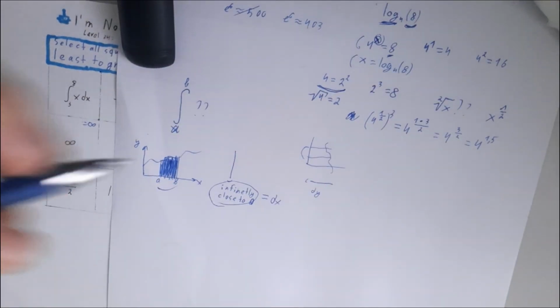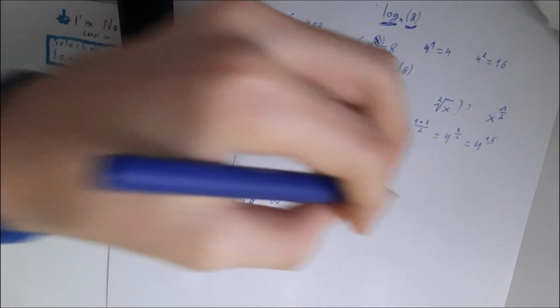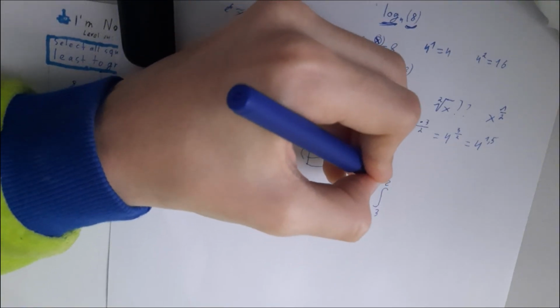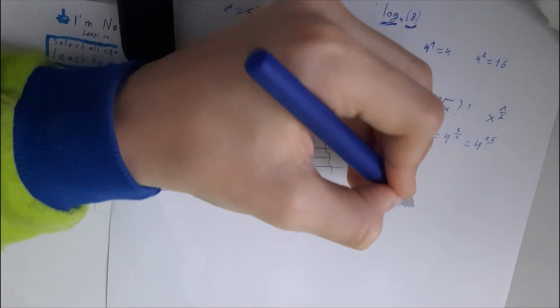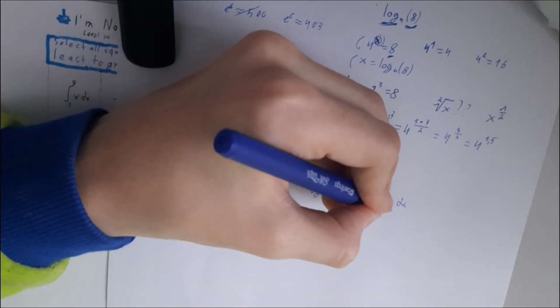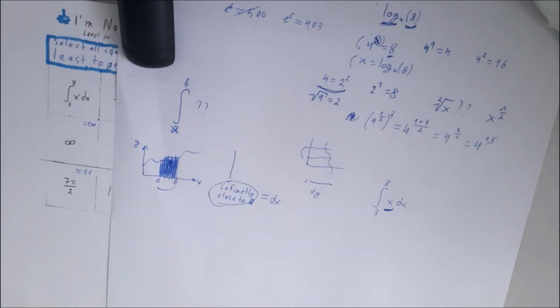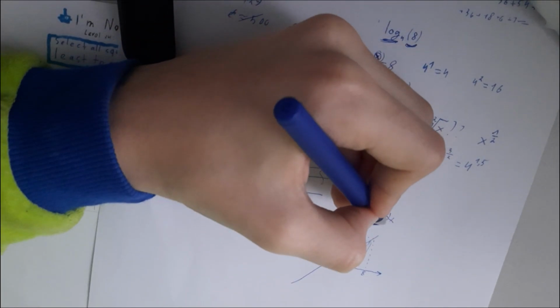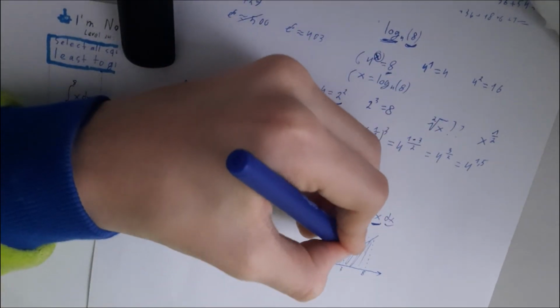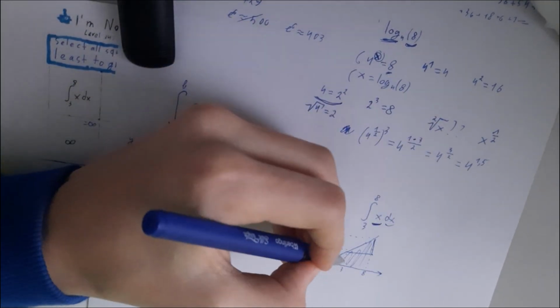But our situation is very simple. The integral from 3 to 8 of x with dx. This function is linear, so we only need to calculate this part. And we don't even need dx, because this is a triangle and this is a rectangle.